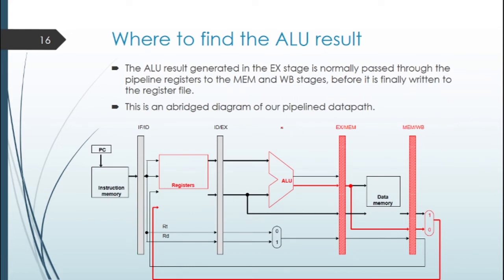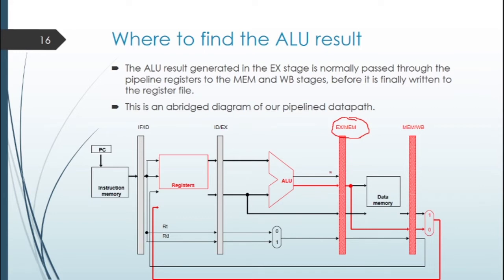So, where to find the ALU result? We know that in the third stage, if we are moving the data from the first instruction to the second one, the result is stored in the EX/MEM register. The output of the ALU will be in this EX/MEM register. That means the result is here.